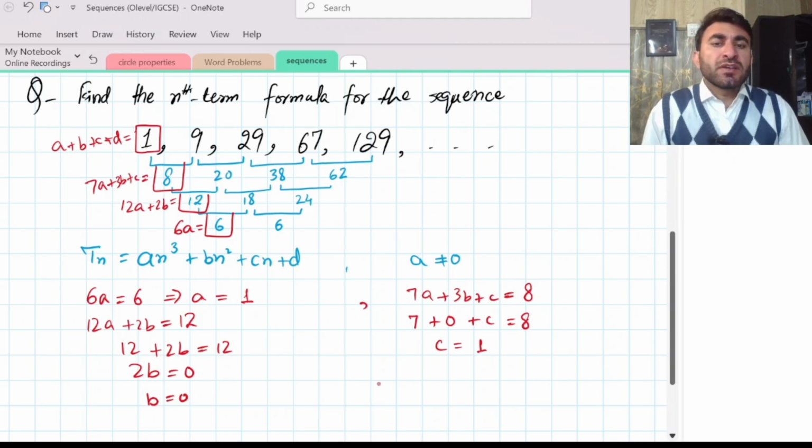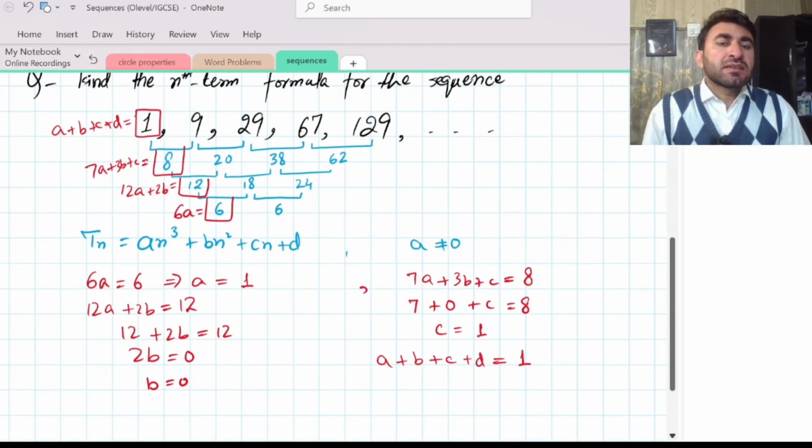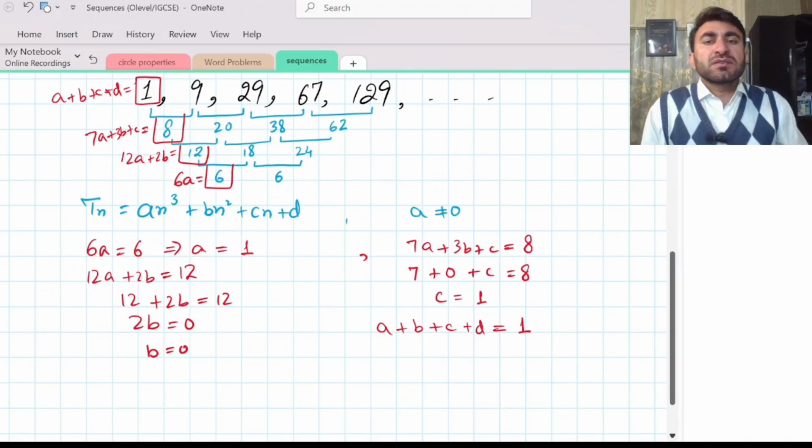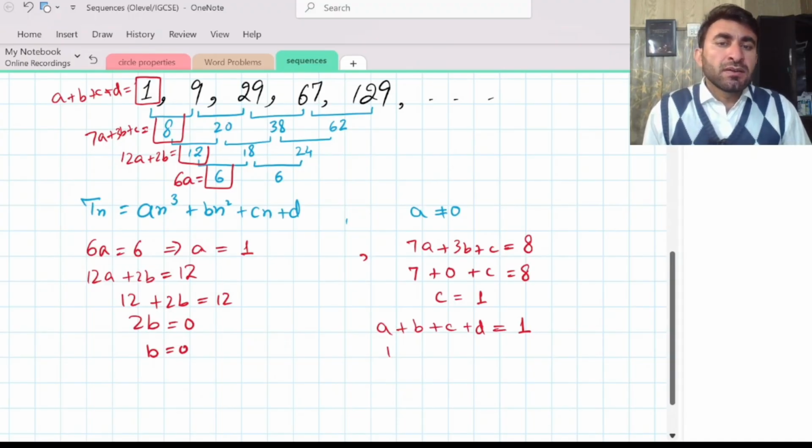Now coming to the last expression, a plus b plus c plus d, which equals the first term 1. Replacing the values of the first three results, a was 1, b was 0, while c was 1, plus d is equal to 1.